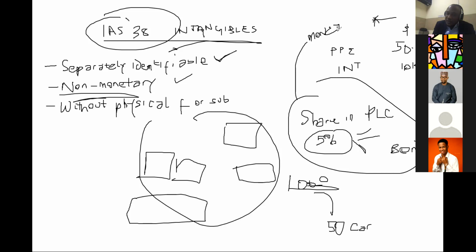In fact, as we go through, we're going to talk about these monetary intangible assets. They are treated in other standards, IAS 32, IFRS 7, and IFRS 9.